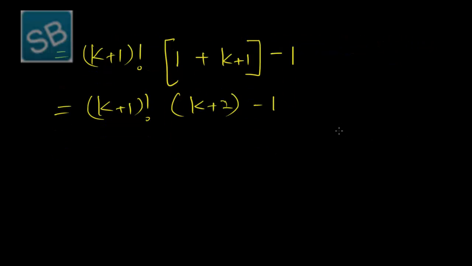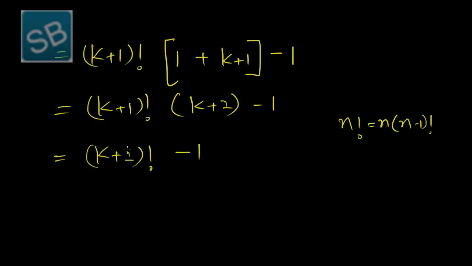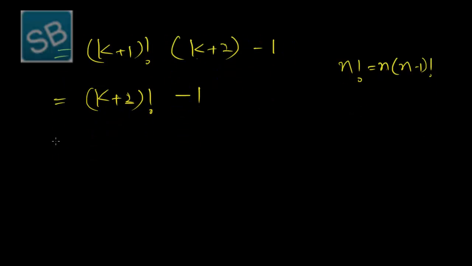As we know that n factorial is n into n minus 1 and so on, so here n minus 1 factorial into n is n factorial. Therefore, we can replace k plus 2 into k plus 1 factorial by k plus 2 factorial by the use of the principle of factorial. So we can say that this is equal to our right hand side result.